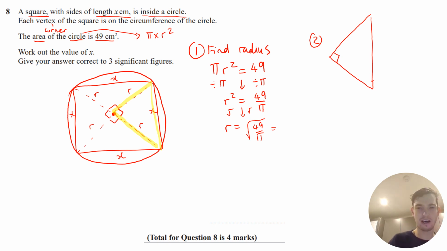So the value on the calculator is 3.949327. I'm going to use lots of decimal places so that my answer is accurate. So let's put those radii on.